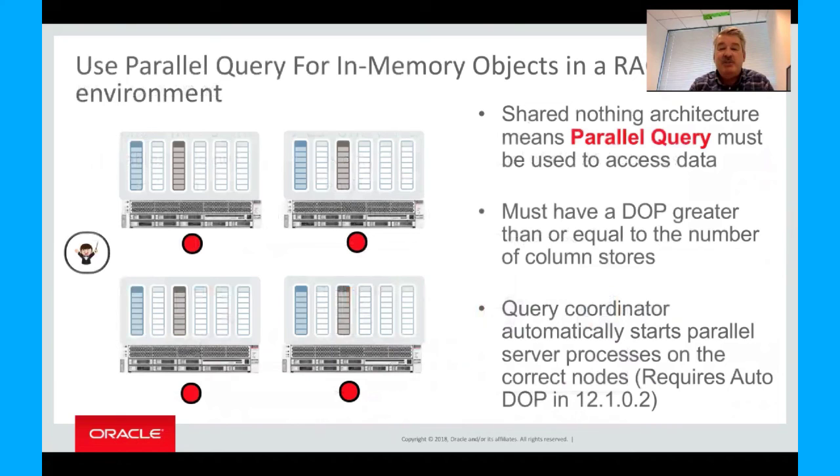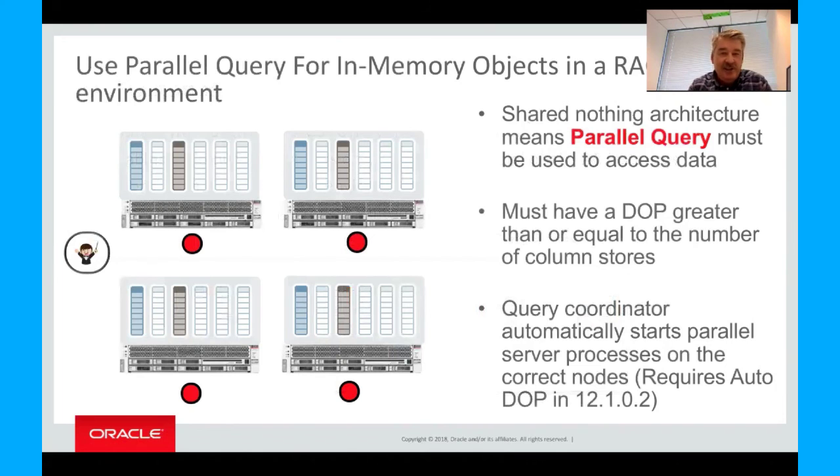And in 12.2, we relaxed that restriction to where if you want to have a manual DOP of at least as great as the number of nodes, in this case a DOP of 4, but you didn't want to use AutoDOP, we allow you to do that as well. In 12.1.0.2, that wasn't the case. In 12.2 and 18C, all you have to ensure is that you have a DOP at least as great as the number of column stores.